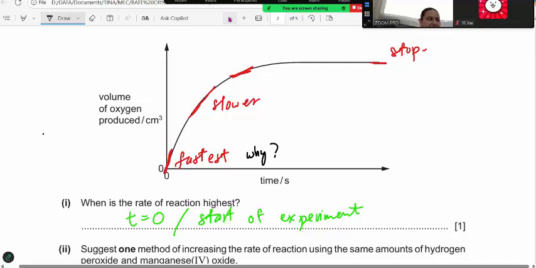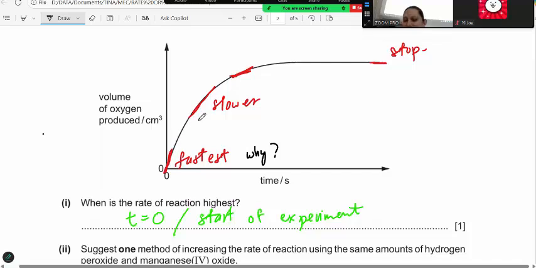Temperature, pressure, catalyst, concentration, and particle size. Concentration. Okay? When I first start the experiment, the concentration is very high.